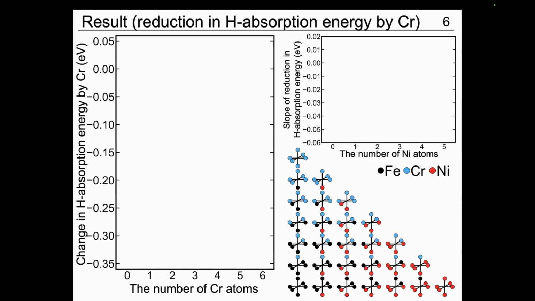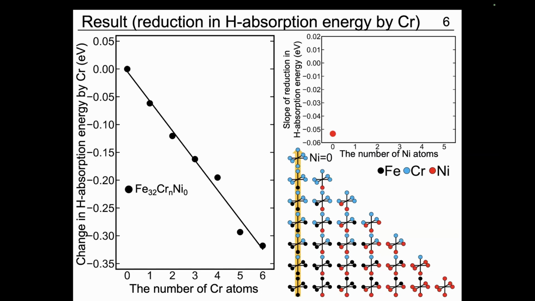And this is the calculation result. This graph shows a change in hydrogen absorption energy by chromium as a function of the number of chromium atoms in the octahedral site. In the iron chromium binary system, chromium atoms decrease hydrogen absorption energy.